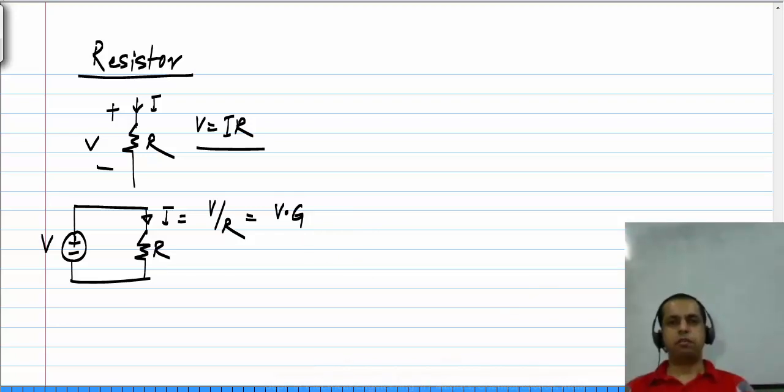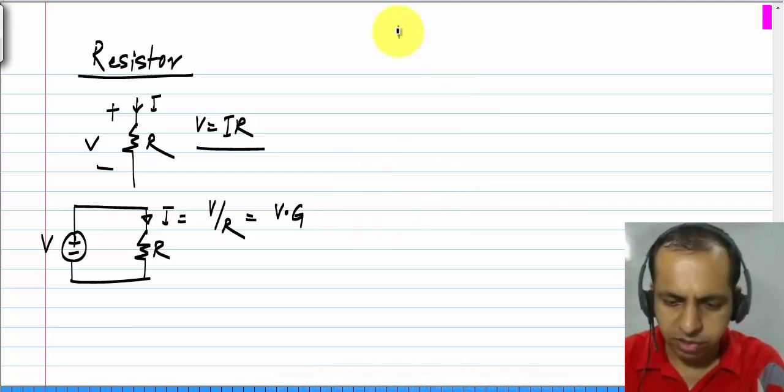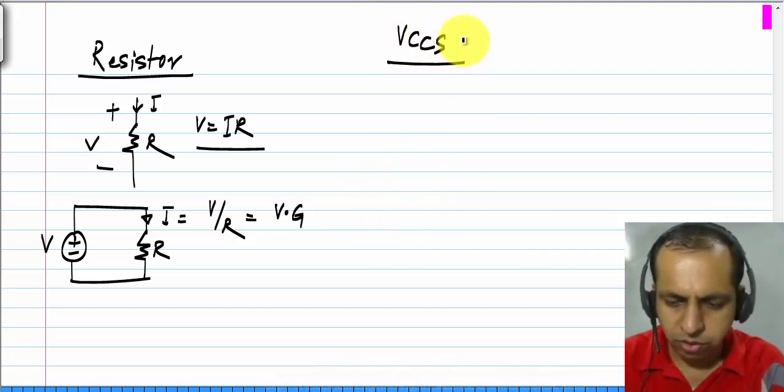Now, if we think of this picture, we think of the voltage resulting in a current, or the voltage controlling the current. Okay. We have already discussed a control source which accomplishes this function, that is controlling a current using a voltage. That is a voltage controlled current source. Okay. So what happens in that case if we take a voltage controlled current source?